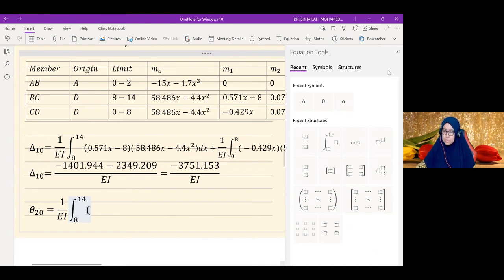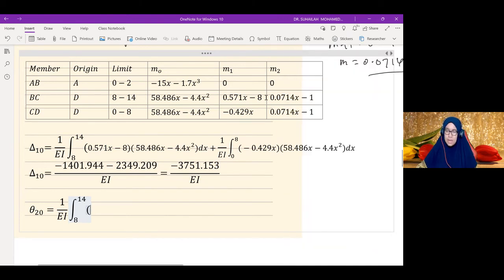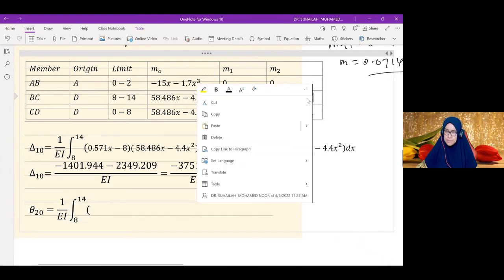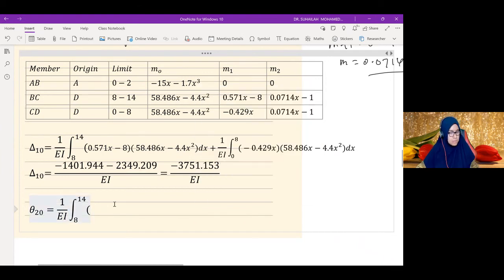M2 is, I copy this, and M naught is this, dx.